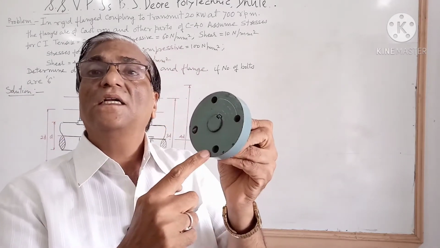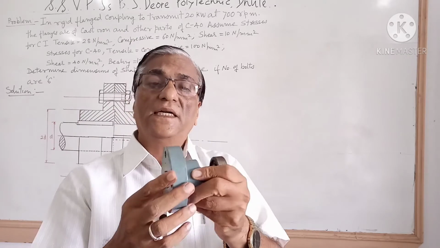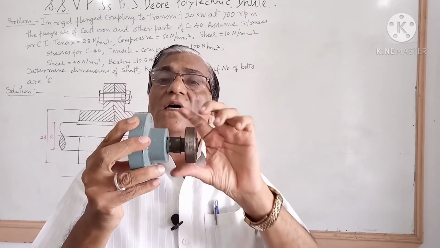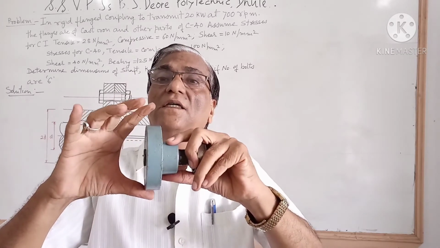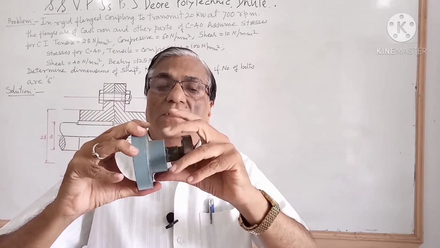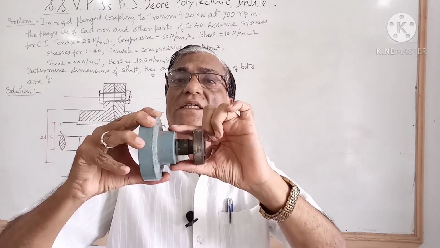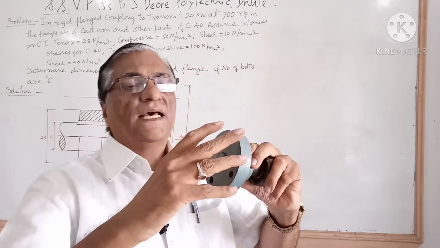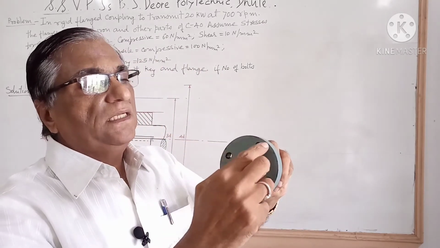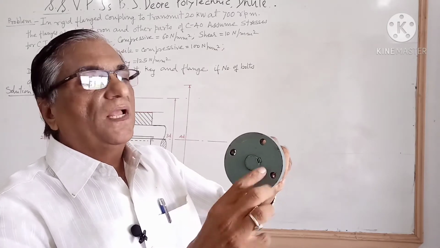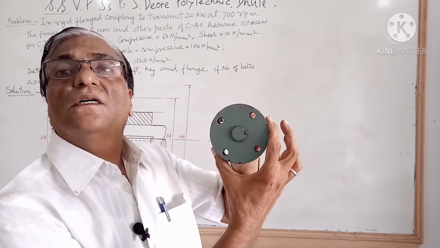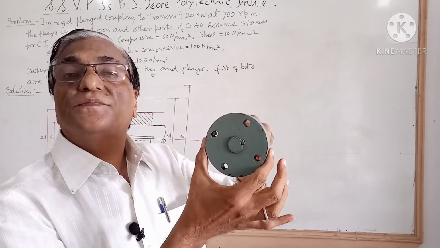Here holes are there where bolts are inserted. This is the hub, and this is the outer diameter of the flange. Double the shaft diameter is the hub, 3 times the diameter is the pitch circle diameter of the bolt, and the outer diameter of the flange is 4d.